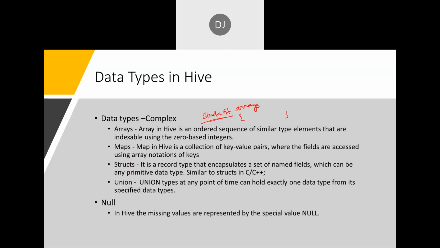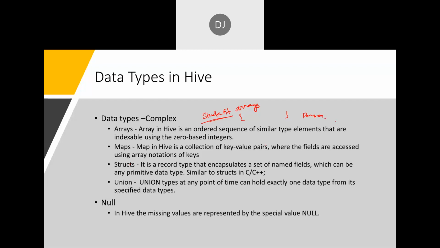Okay, map, when it is a key value pair, then you can go for mapping. It is like this person is a student, this person is a teacher. Likewise, key value map. The person can be a key and the position which he takes may be different.